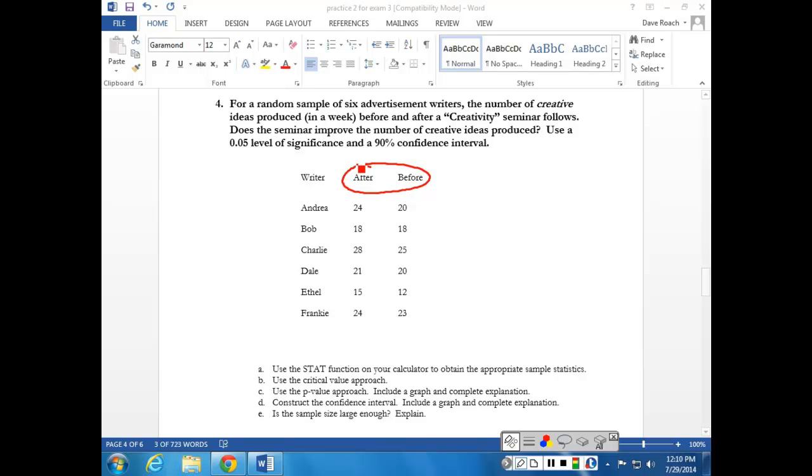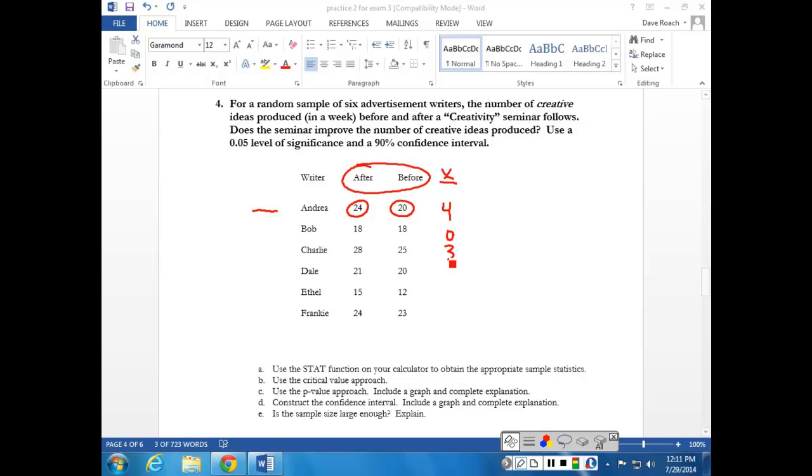If you just realize that these two numbers are from the same person, there's just one sample of size 6. Really what matters is the change. And that's going to be X and so on.